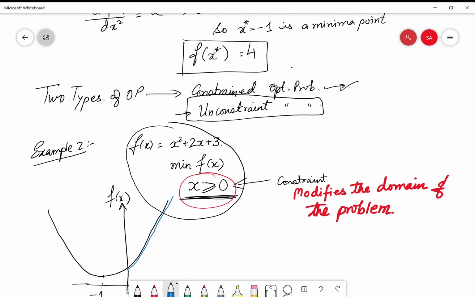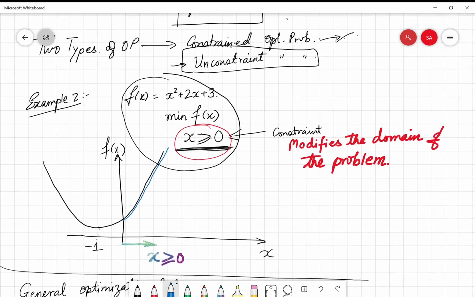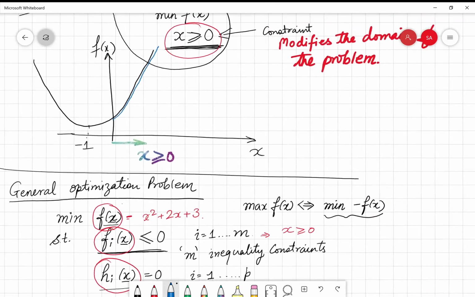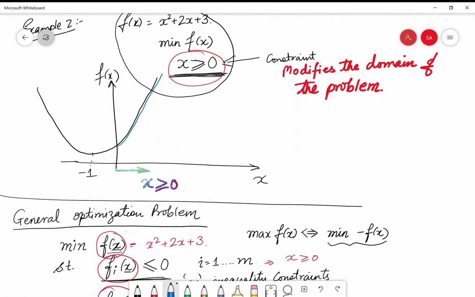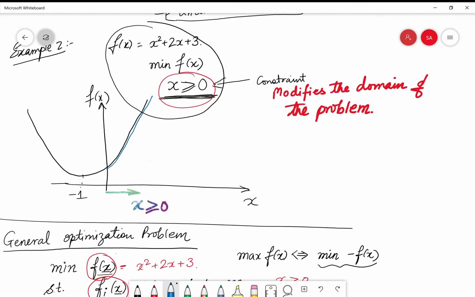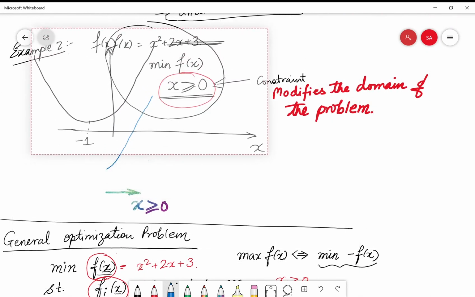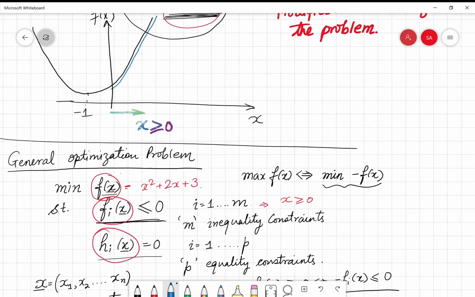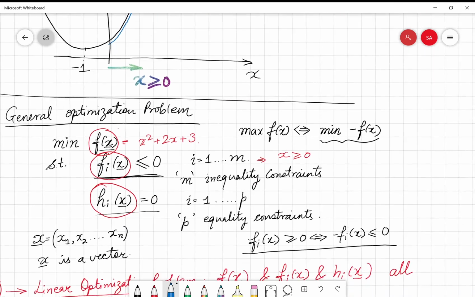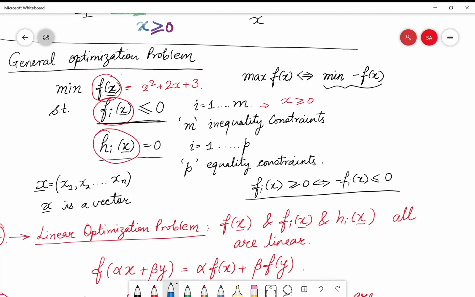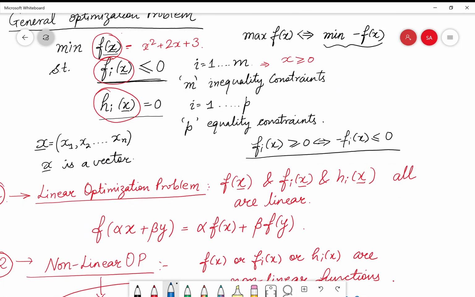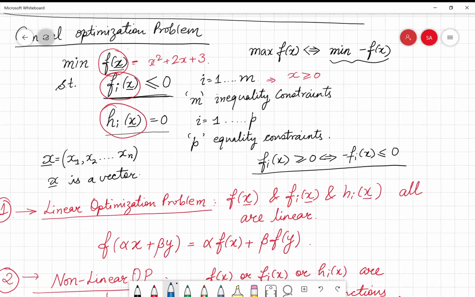Then we also talked about the constrained and the unconstrained optimization problem. For the constrained optimization problem, we do not know the solution. So we wanted to see how we can find the solution to this optimization problem. So we talked about the general optimization framework.